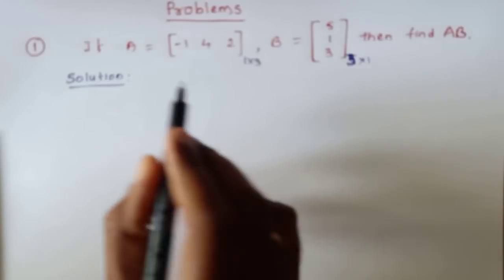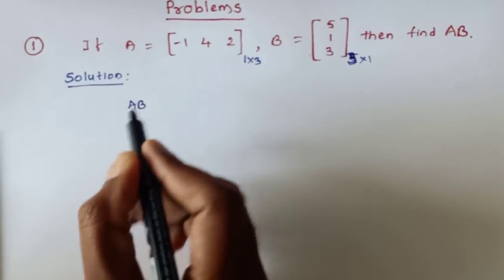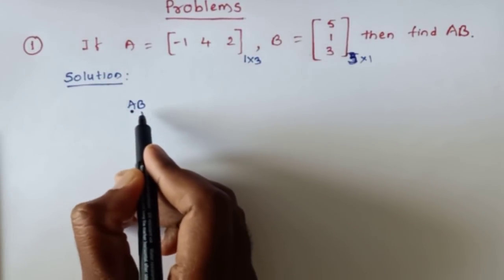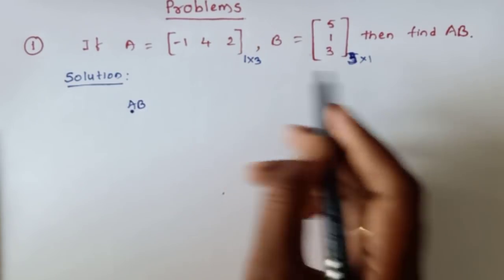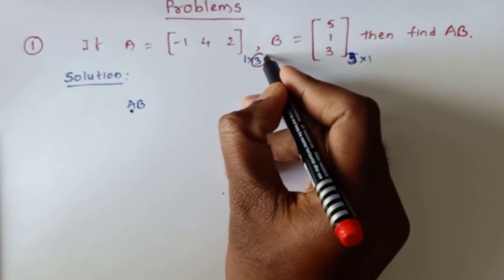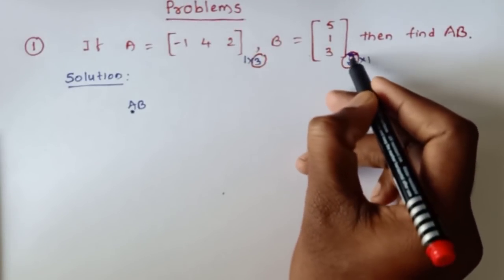The product AB exists whenever the number of columns in A equals the number of rows in B. Here the number of columns in the first matrix A is 3 and the number of rows in the second matrix is 3.